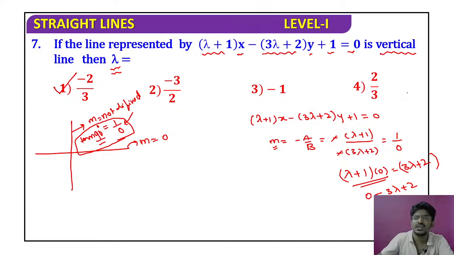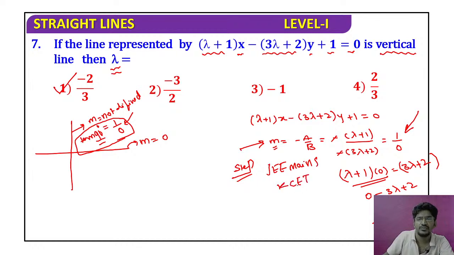See here, by writing this equation, any small kid also can solve this and write the answer lambda equal to minus 2 by 3. But identifying this particular step, you need in JEE Mains exam or in CET exam. Okay, that is what they are going to check you.